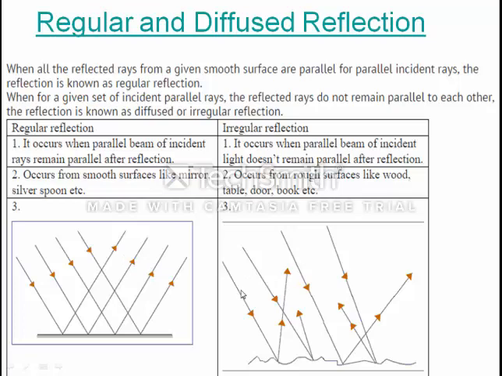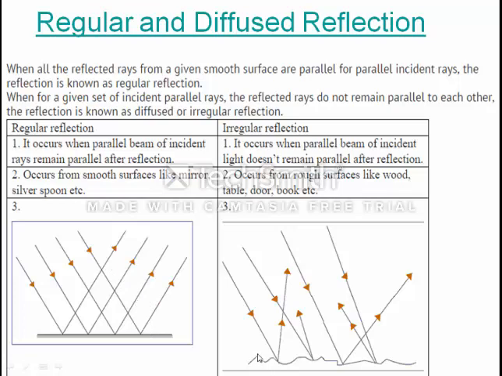And if for a given set of parallel incident rays, the reflected rays do not remain parallel to each other. In the case of smooth reflection, or regular reflection, the reflection takes place from a plane surface, and if the incident rays are parallel to each other, then after reflection all the reflected rays will also be parallel to each other.